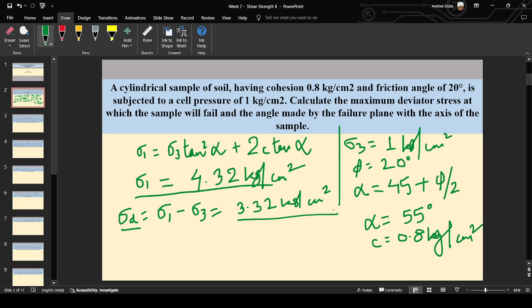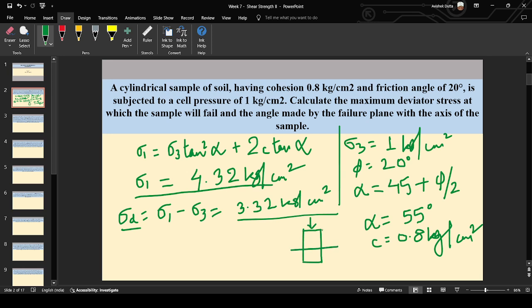Next, the angle made by the failure plane with the axis of the sample. Now, if this is the sample, this is the major principal stress. So, this is the plane of major principal stress.